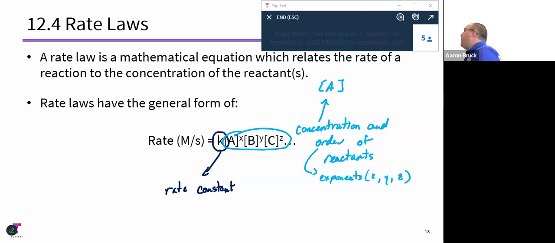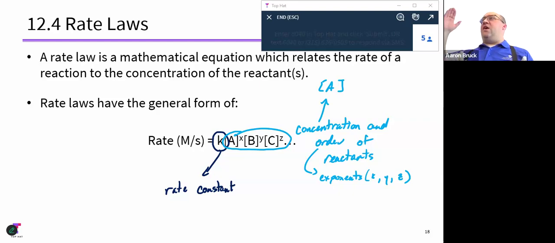So rate laws are impacted by two things. They're impacted by the rate constant, and the rate constant is, as you can expect, a constant value, provided that we are under similar kinds of conditions. So what I mean by that is similar temperature, similar pressure, those kinds of external environmental factors. If we keep that consistent, the rate constant is just that, a constant.